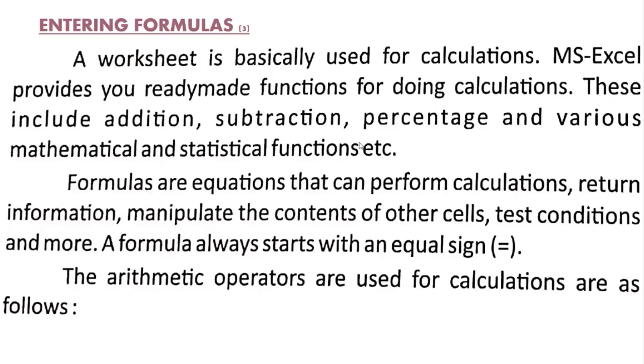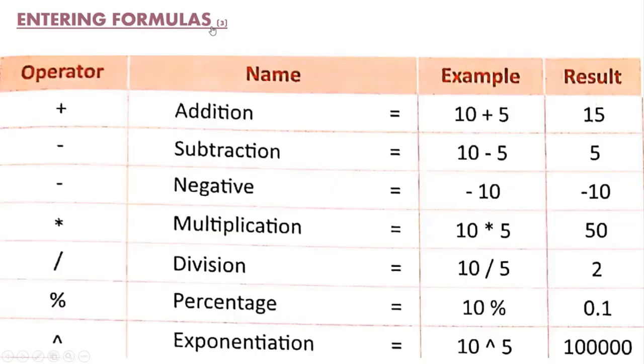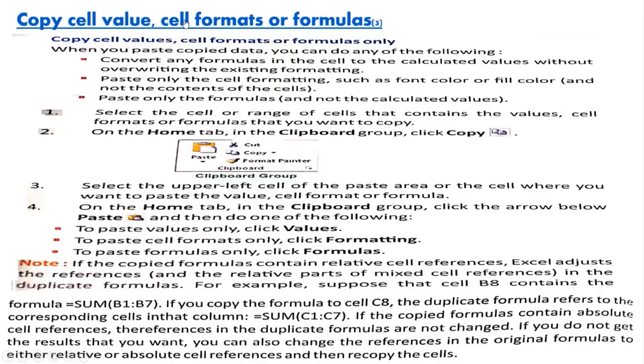We saw how to enter formulas and how to use operators. Next we'll see how to copy and paste cell values, cell formats or formula. Before copying or pasting, we have to go through some points.